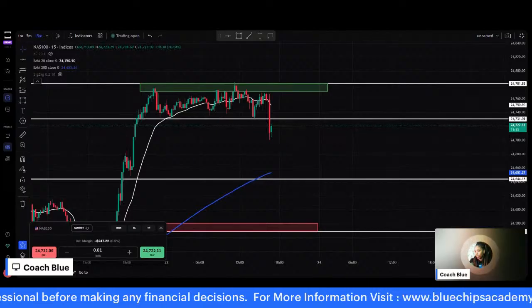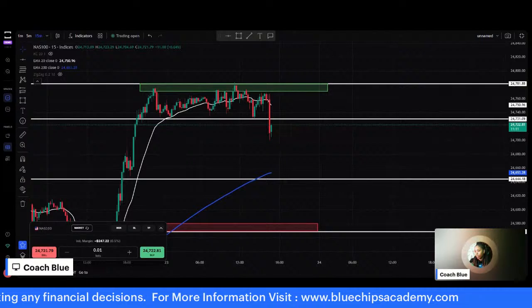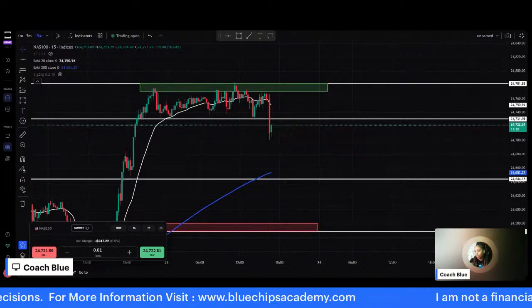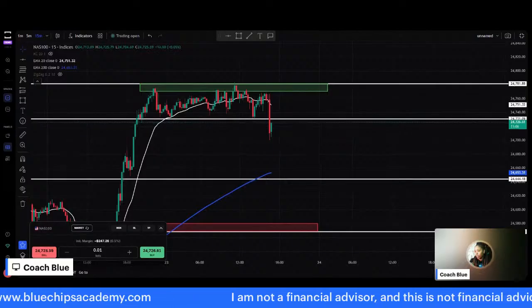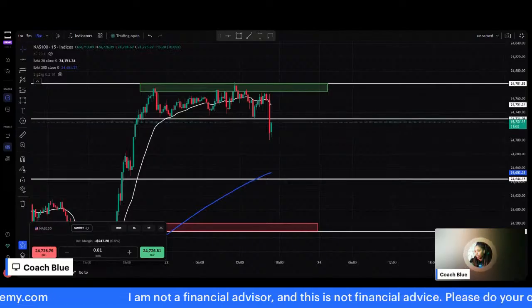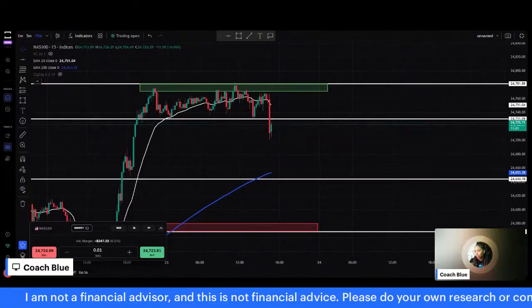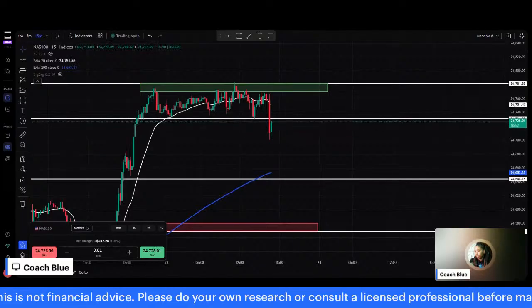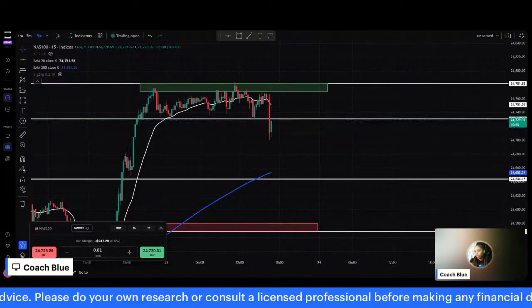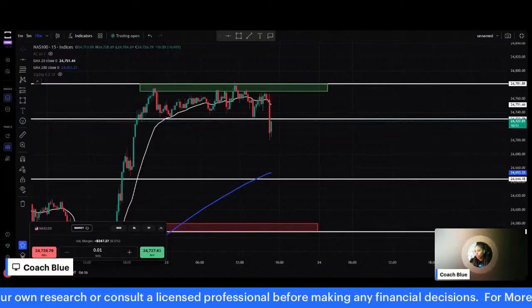That's why we recommend not to trade them, because there's a lot of manipulation when it comes to news, guys. Y'all have to understand that things are done a certain way for certain agendas. So you want to stay away from it.